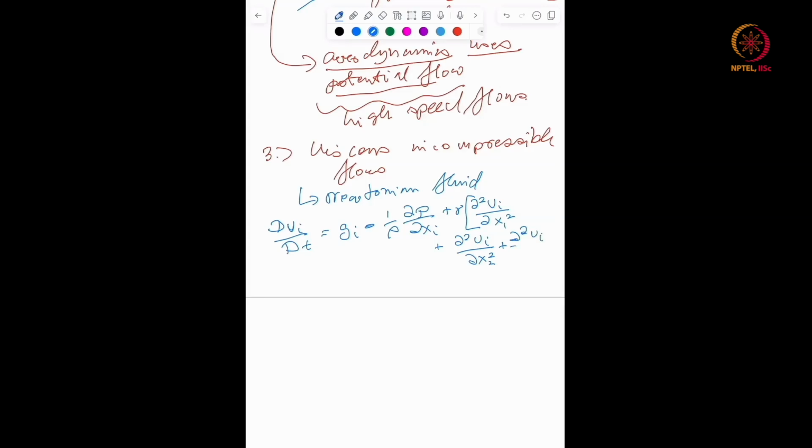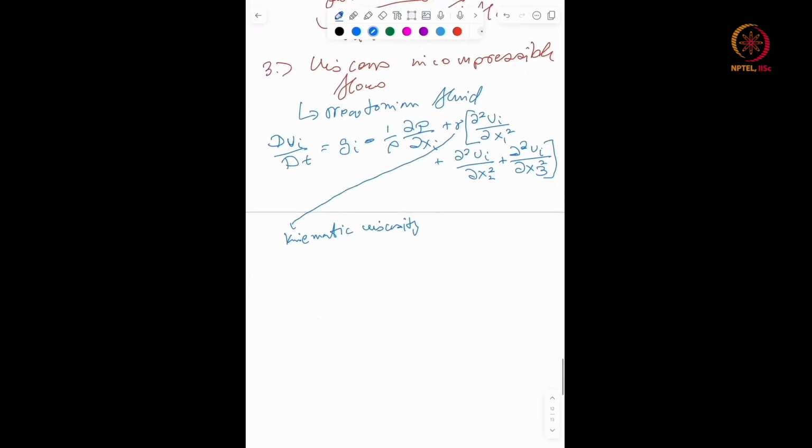This is the Laplacian. Okay, so this nu is basically called the kinematic viscosity. Okay, so the main parameter that drives these flows is called the Reynolds number.